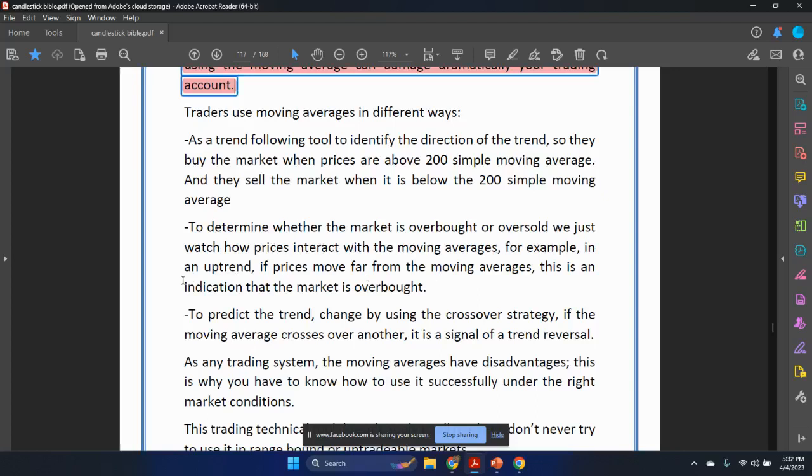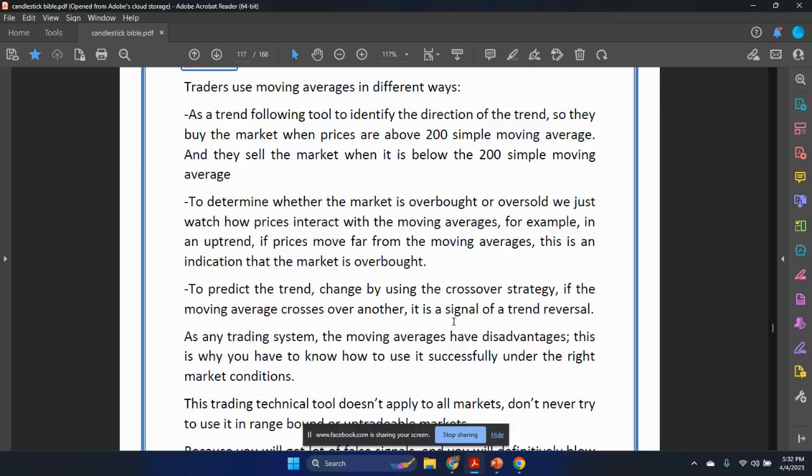For example, in an uptrend, if price moves far from the moving averages, this is an indication that the market is overbought. To predict the trend change by using the crossover strategy, if one moving average crosses over another, it is a signal of a trend reversal. As with any trading system, the moving averages have disadvantages. This is why you have to know how to use it successfully under the right market conditions.